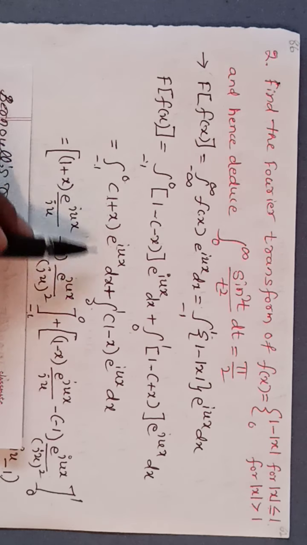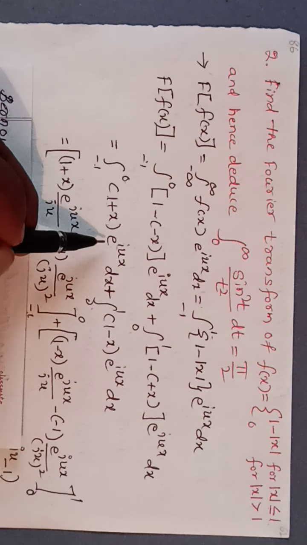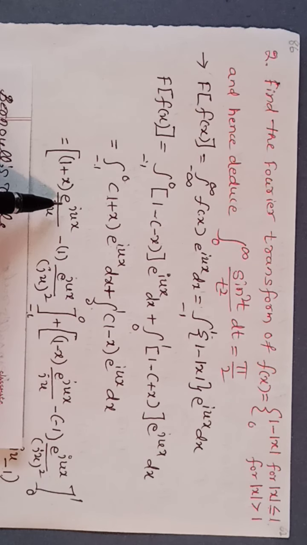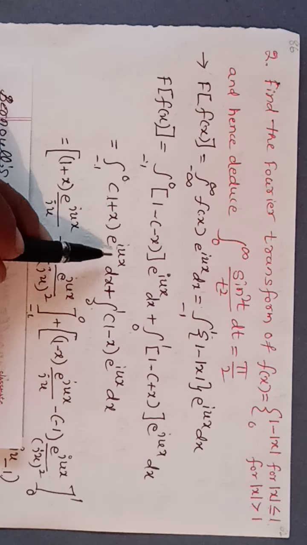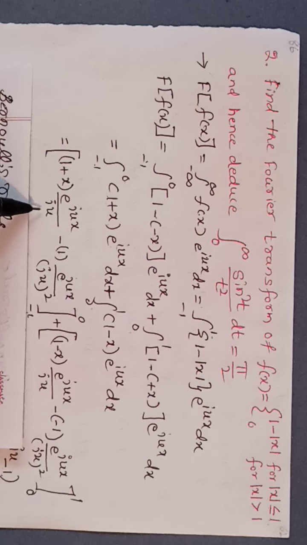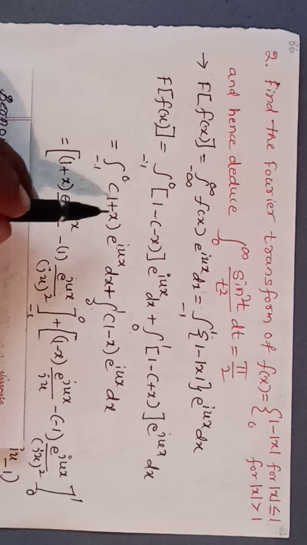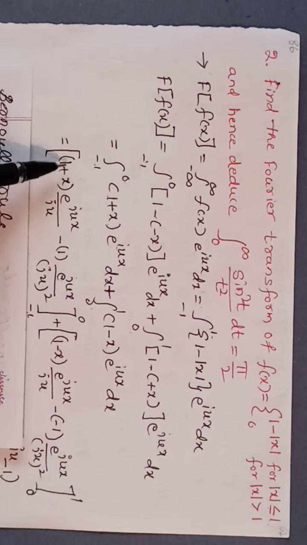So first it is u times the integral of e raised to iux. It is simply e raised to iux divided by the constant term iu. Next minus u dash, u is 1 plus x, so u dash is the differentiation of this term, which is 1.